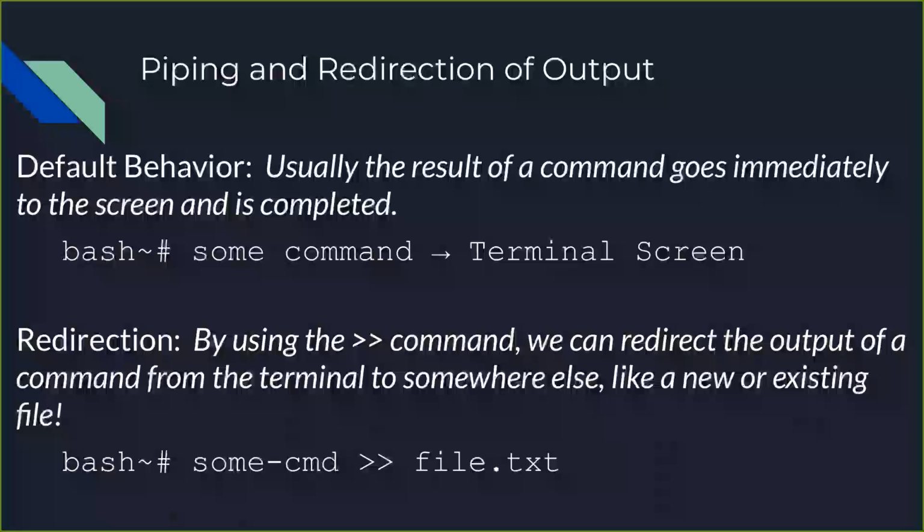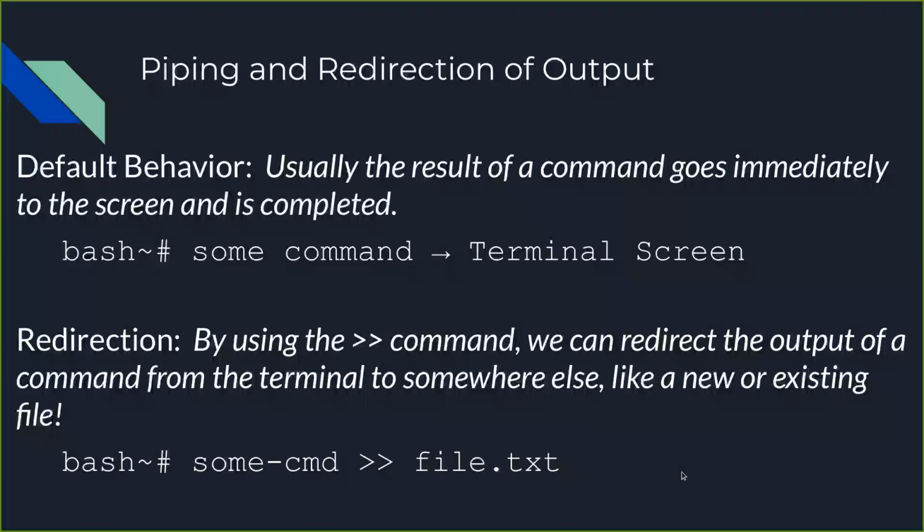Another thing you can do is, instead of outputting the result of a command to another command to be filtered further, you can write out the results of a command to a file. You can do this by using the double right caret character.